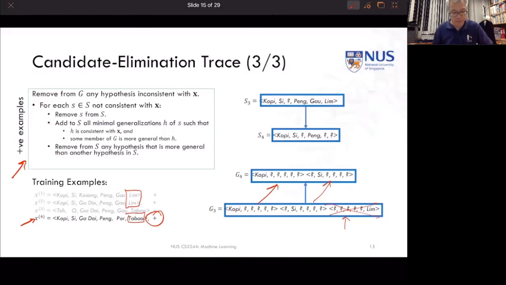Okay, then what we're going to do is the main loop, and we're going to remove from S any of the hypotheses that don't fit anymore. So we're going to throw this one away. There's only one member of S, and we're going to find the minimal generalization of it. Yeah, we have to generalize two things.